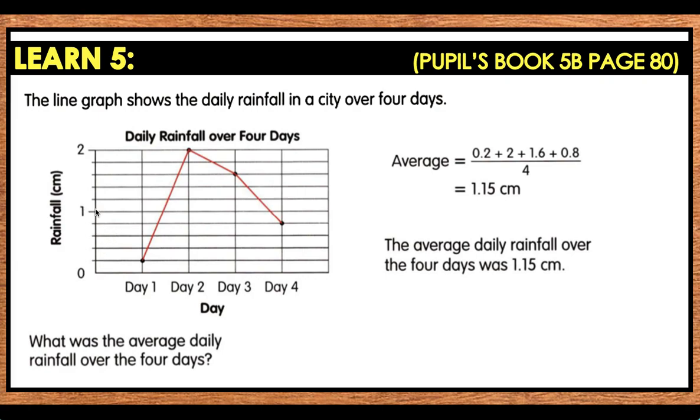So 1 divided by 5 is 0.2. 0.2, 0.4, 0.6, 0.8, and 1. 1.2, 1.4, 1.6, 1.8, and then 2. Alright? So 0.2 plus 2 plus 1.6 plus 0.8 divided by 4 will give you 1.15 centimeter. So the average daily rainfall over the 4 days was 1.15 centimeter.